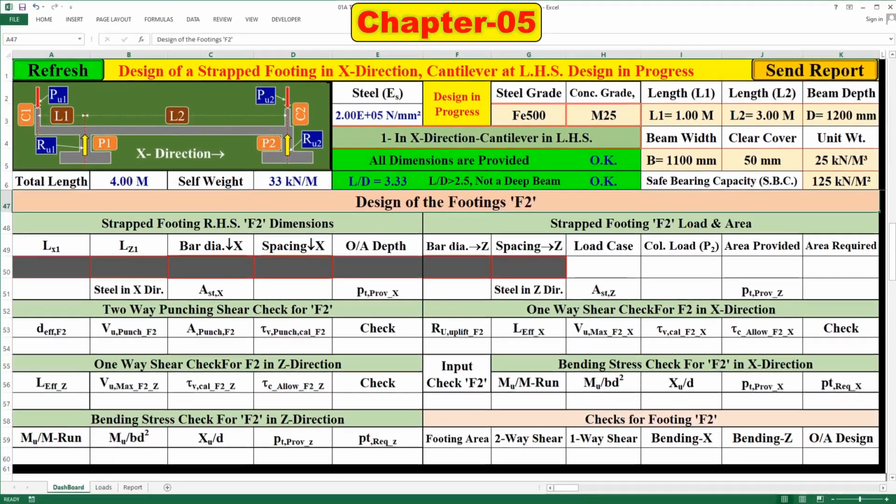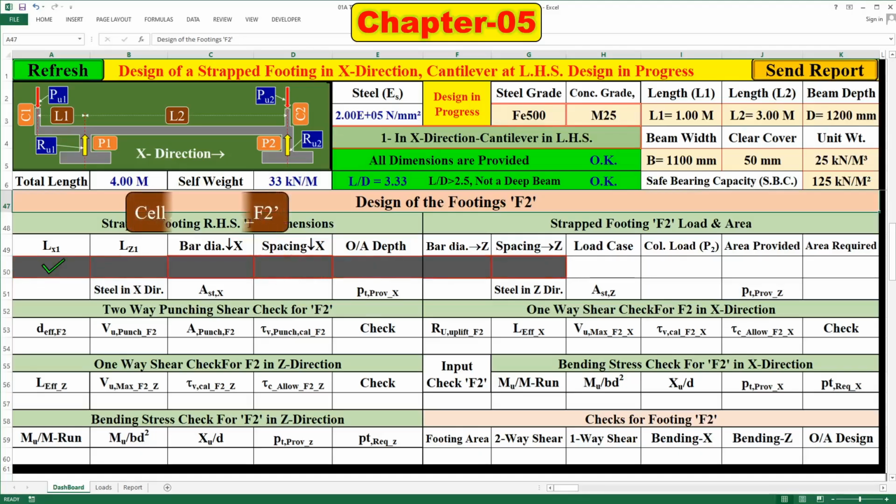Now, we are on Chapter 5 for the design of footing F2. Once again, we are seeing that the cells ranging from A50 to G50 are filled with dark gray, as if they are waiting for the inputs for the design of footing F2. The defined names of these cells are as follows.